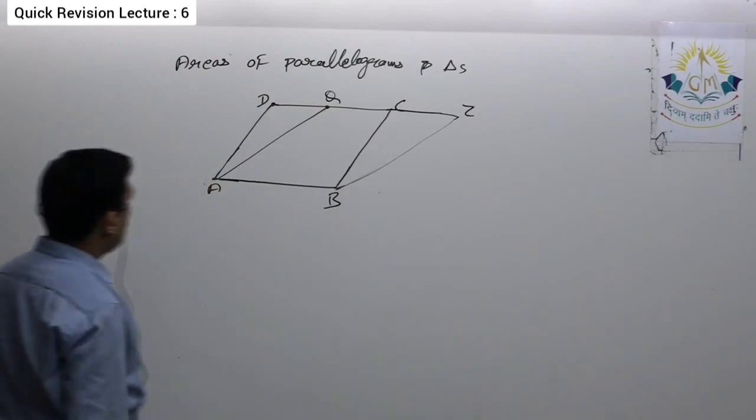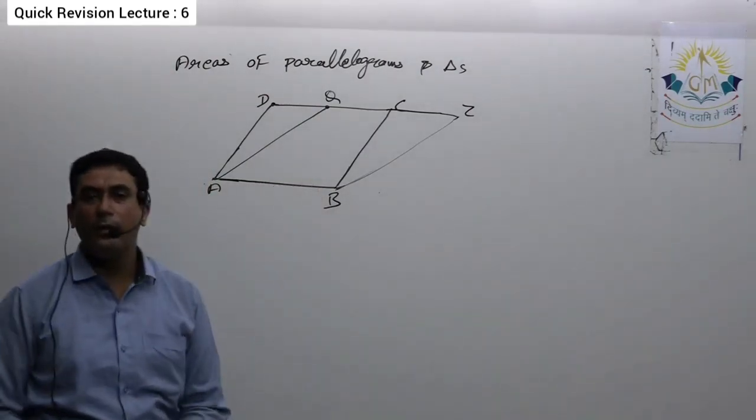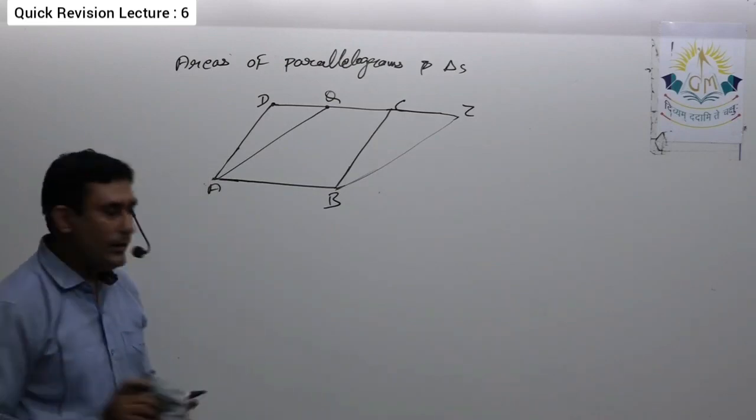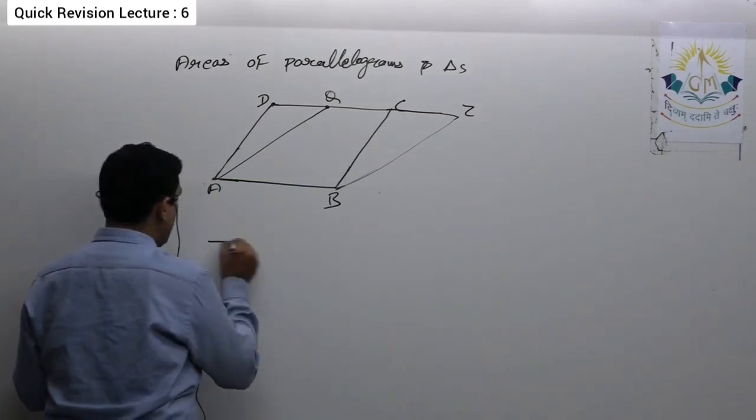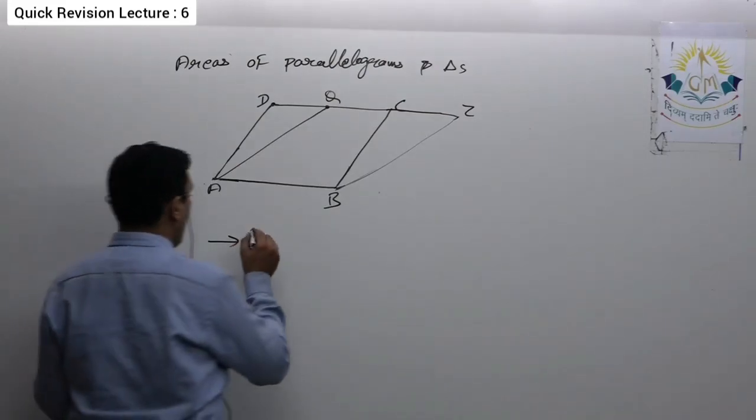These two parallelograms are on the same base and between the same parallels, then we'll say they are equal in area. So this is the very first theorem or concept related to this chapter.